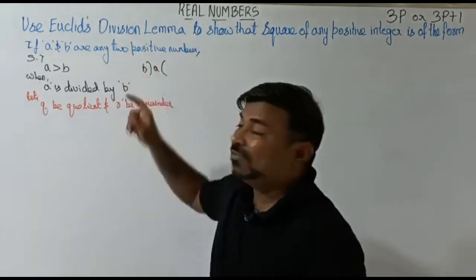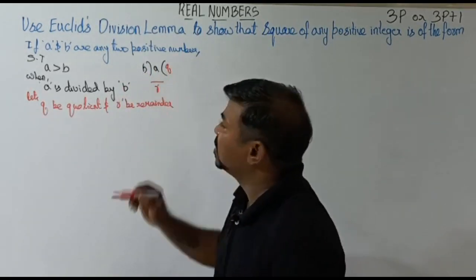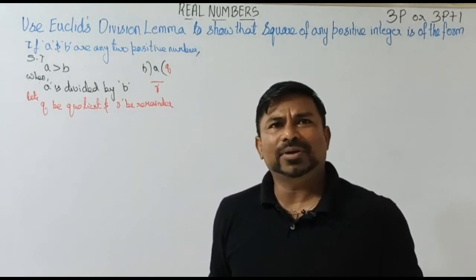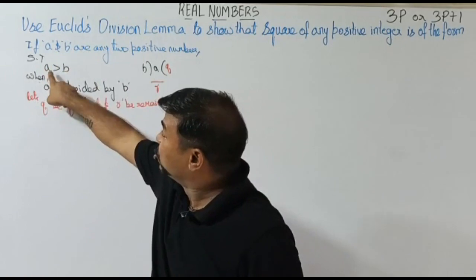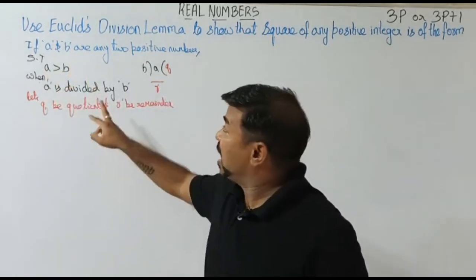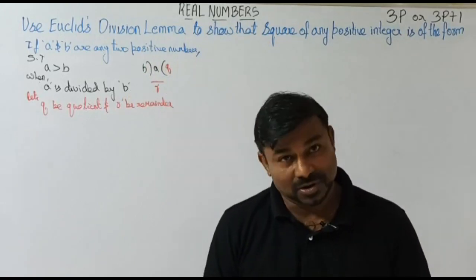So when A is divided by B, here comes the quotient Q and here comes the remainder R. I have taken two numbers A and B such that A should be greater than B, and when A is divided by B, Q is the quotient and R is the remainder.